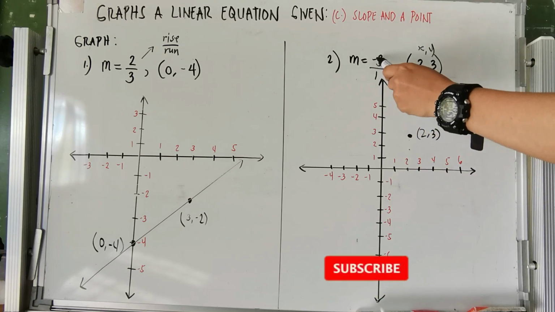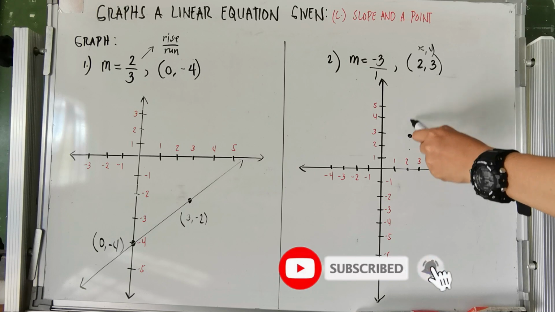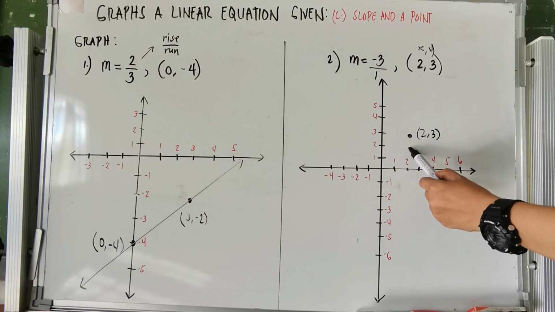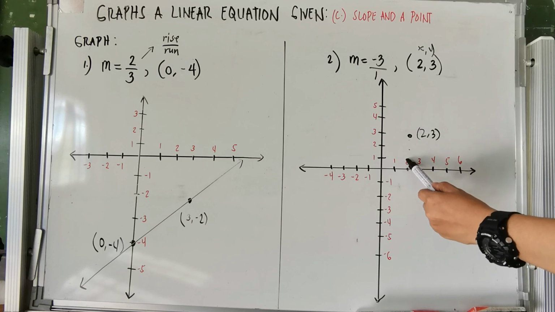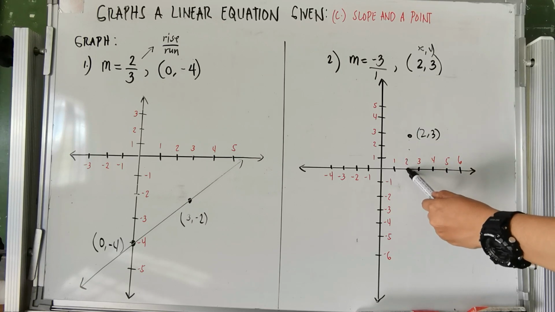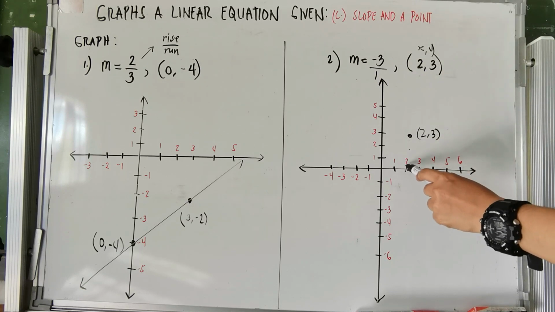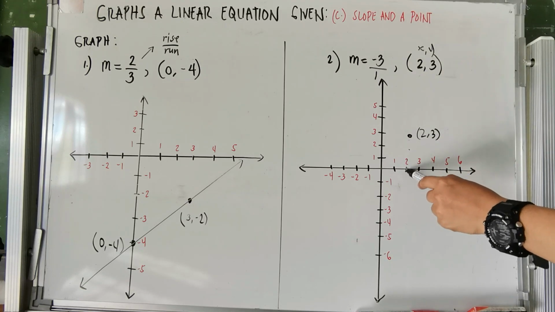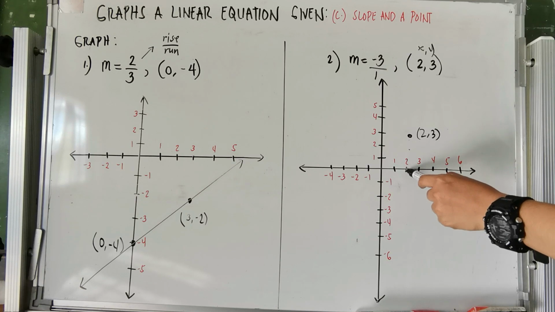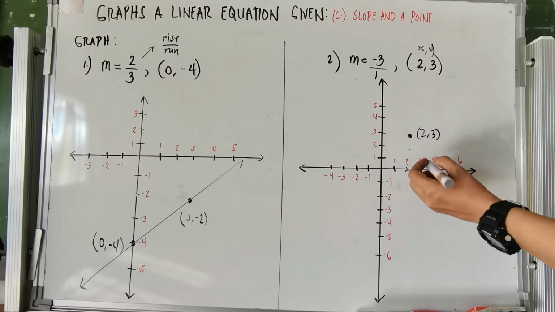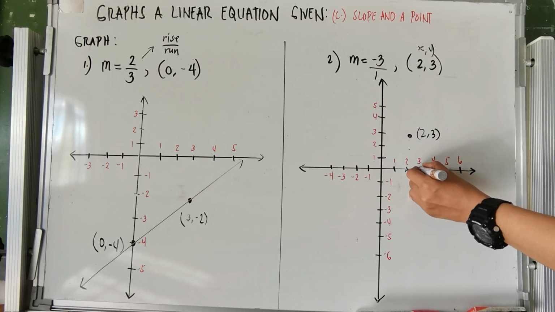So from this point, ang rise natin ay negative 3. So imbis na tumaas, bababa tayo ng 3 units. So we have 1, 2, 3. And then, since positive 1 lagi ang ilalagay natin pag wala siyang denominator, meaning, ang movement natin ay 1 unit to the right. So the second point is located exactly here.